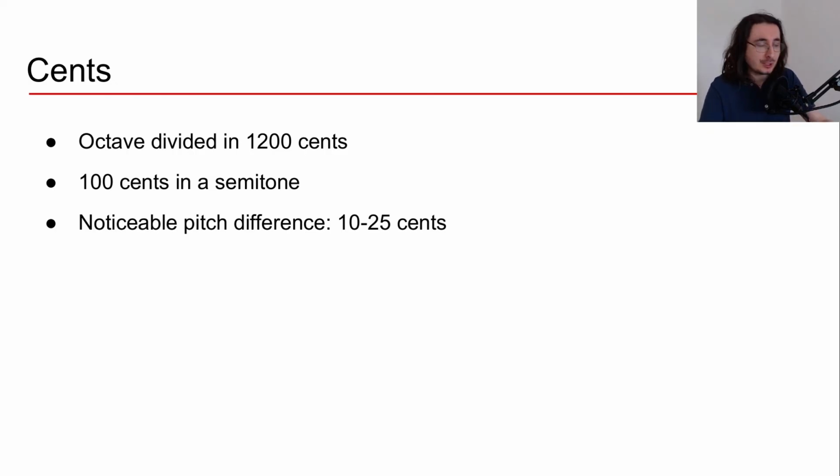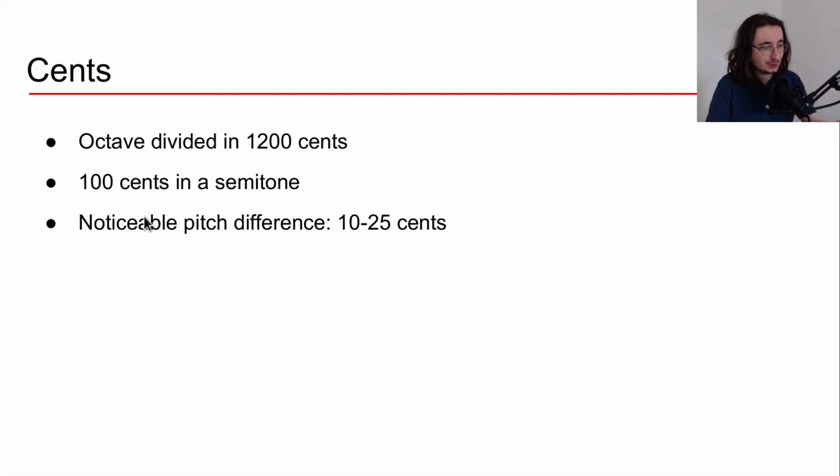So how can we measure that? Well, here is where cents come into play. The idea of a cent is that the whole octave is divided into 1200 cents. So we have 100 cents for each semitone. Obviously, there's a threshold below which we can't really tell the difference between two pitches.